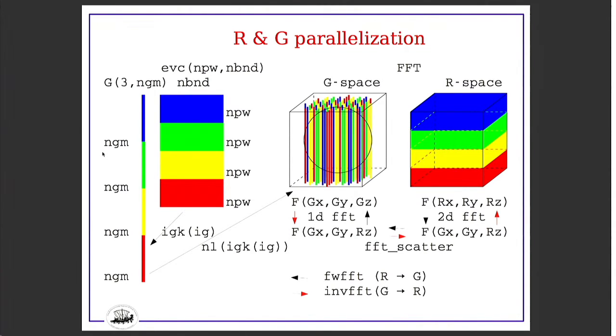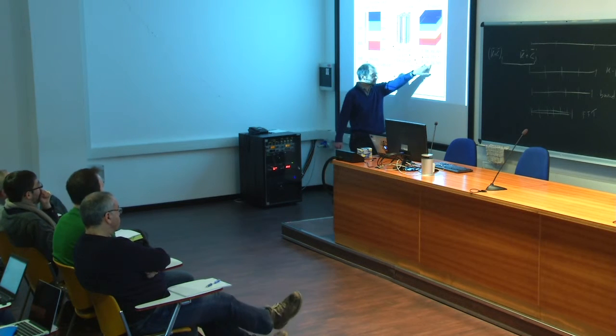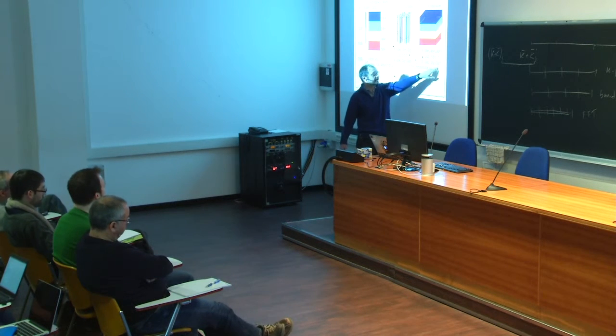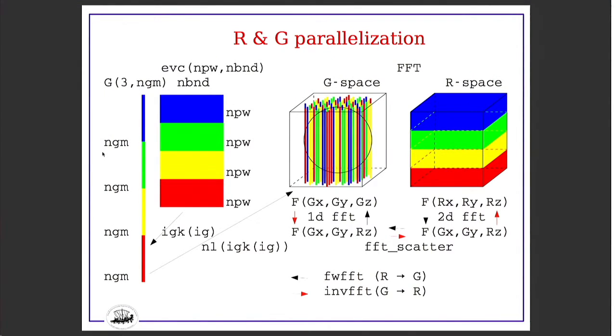Then you have an FFT scatter, an all-to-all MPI call that redistributes this data in such a way that, again, you have data classified by GX, GY, and RZ, but before you had all the RZ components for selected pairs of GX, GY.